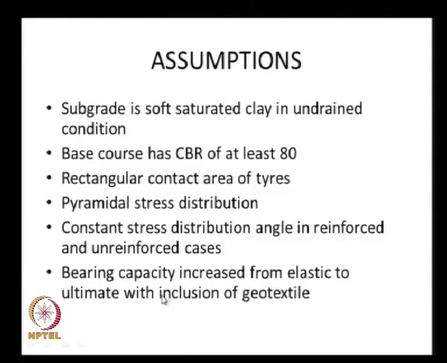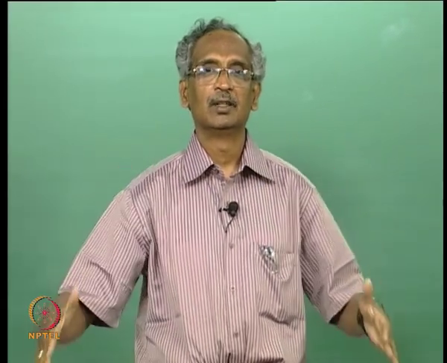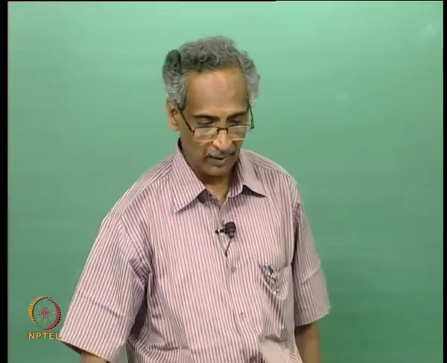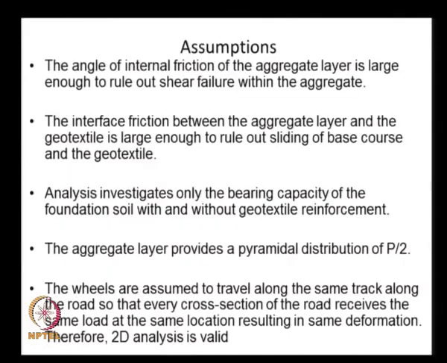They have assumed that the surface pressure is transferred into the subgrade soil in a pyramidal fashion, and that the load dispersion angle is the same in both the reinforced and unreinforced cases for simplicity. The bearing capacity is increased from the elastic to the ultimate state because of the inclusion of geotextile, which we will see a bit later on.